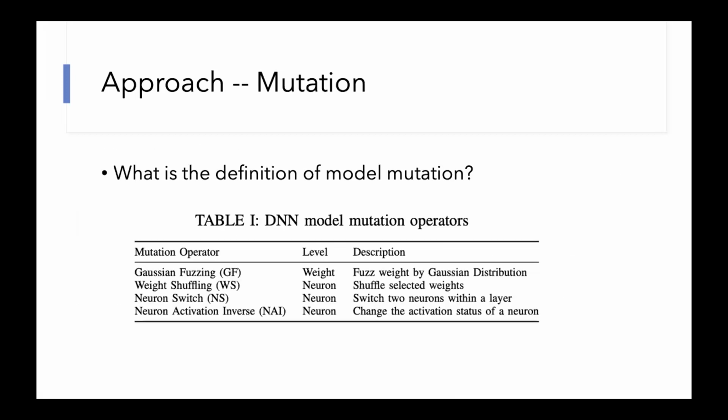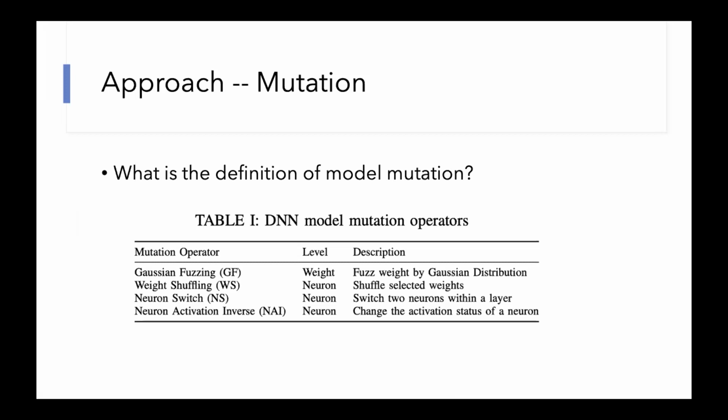As for these four neuron operators, how do they apply? Do they apply them all, or do they randomly select mutation operators? I think I didn't include this part, but they need to select a rate to control how many neurons are going to change.